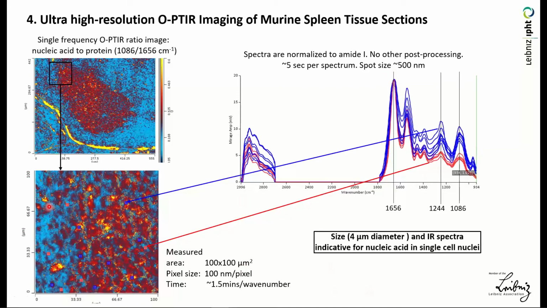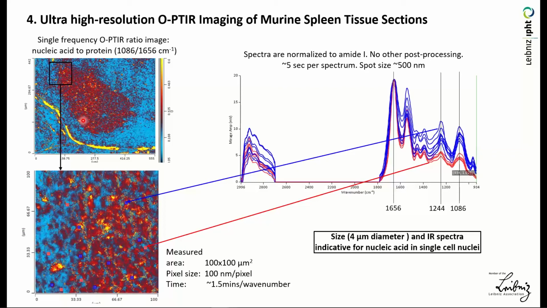And from the size of these features with a high nucleic acid content, approximately 4 microns in diameter, and the infrared spectra with these intense nucleic acid bands, we conclude that single cell nuclei were resolved in these follicles of white pulp in spleen.